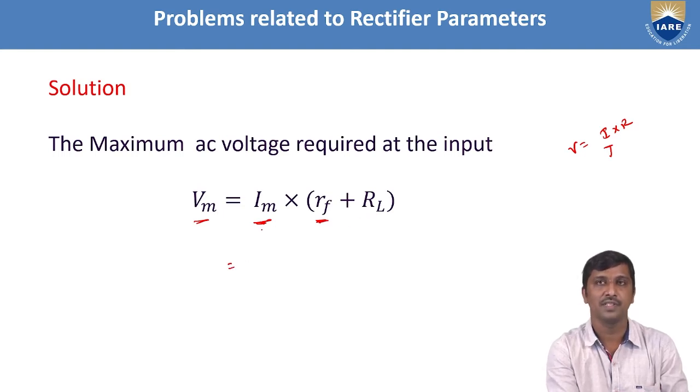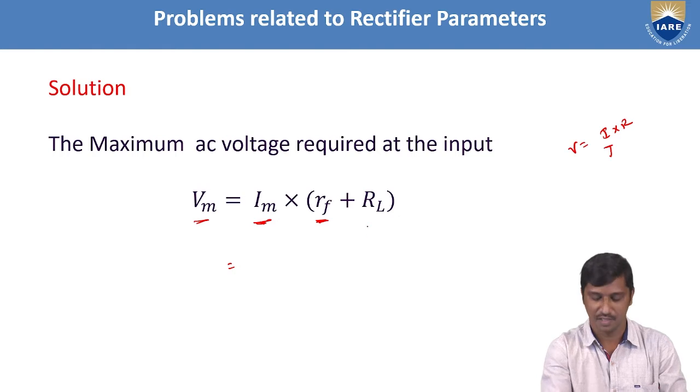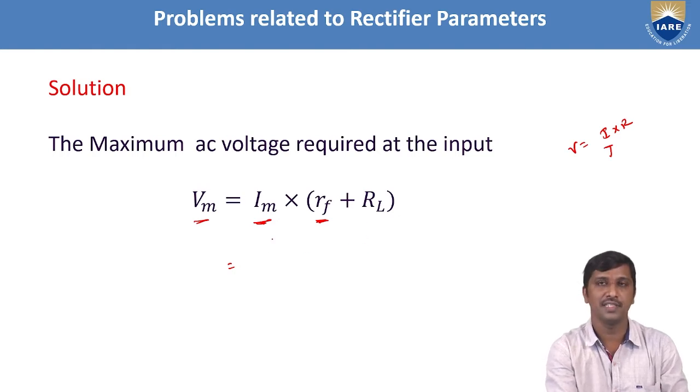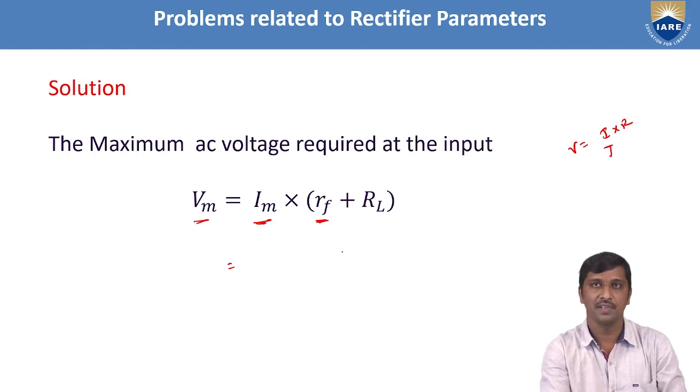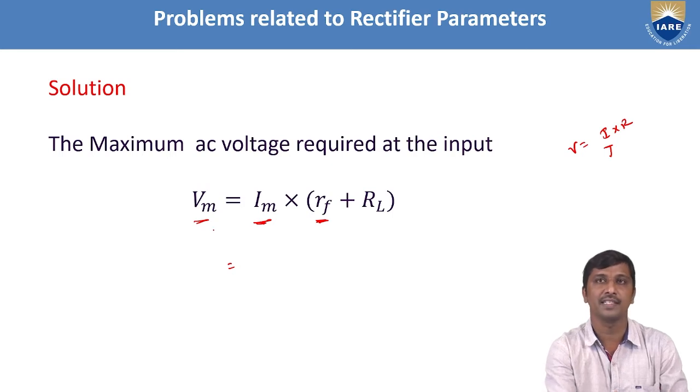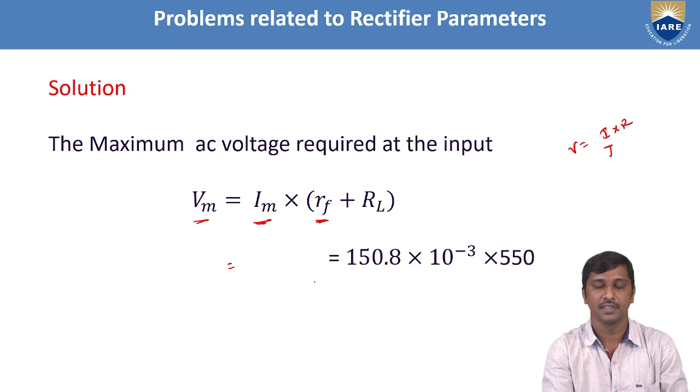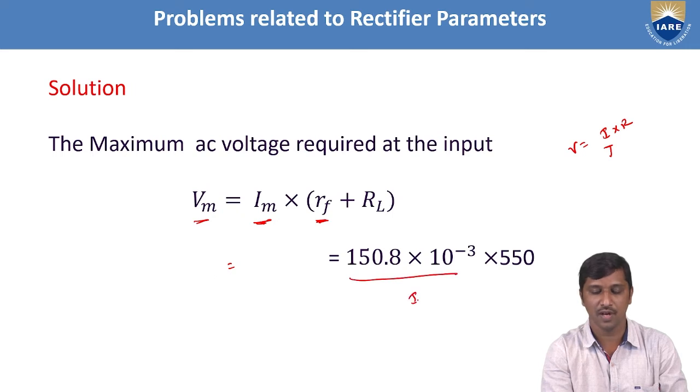So just now we observed the Im value, RF is 50 ohms, and RL in the problem is 500 ohms. Hence we need to substitute all these three parameters to see how much maximum voltage is required. Here Im is 150.8 milliamperes, multiplied by RF plus RL.